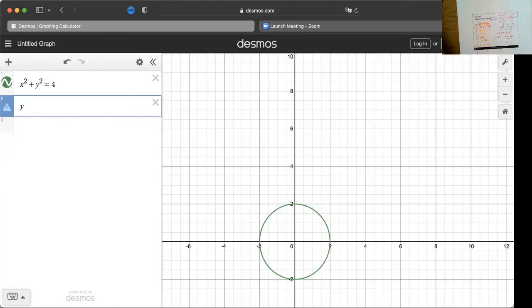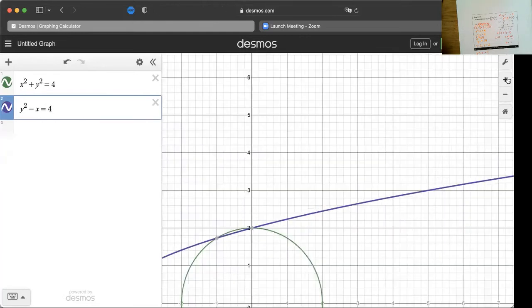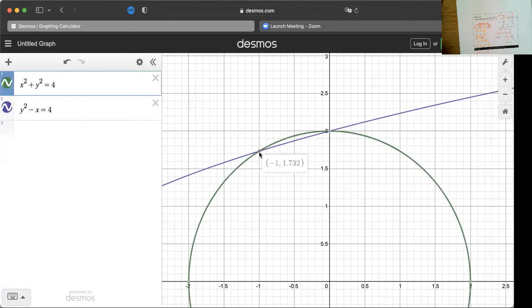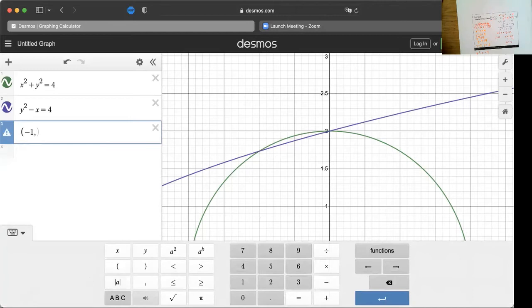And then y squared minus x equals 4. -1, 1.732. Let's see if Desmos can do a point using a square root symbol. Where's my key? Yeah, square root 3.